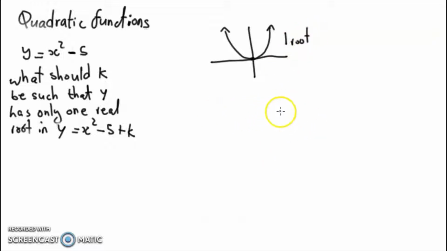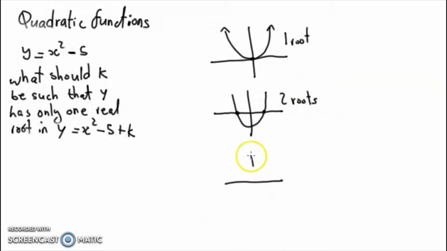And then if you had a parabola that touched the x-axis twice, here and here, we would say it has two roots. And if you had a parabola that didn't touch the x-axis anywhere, we would say there are no roots.